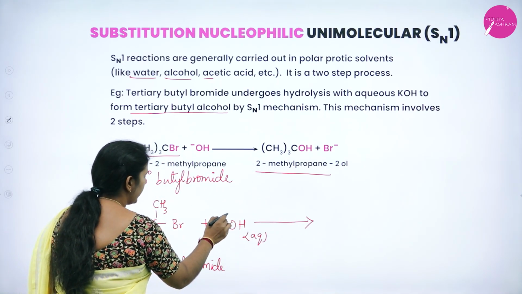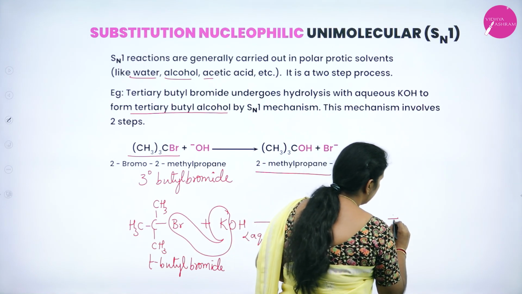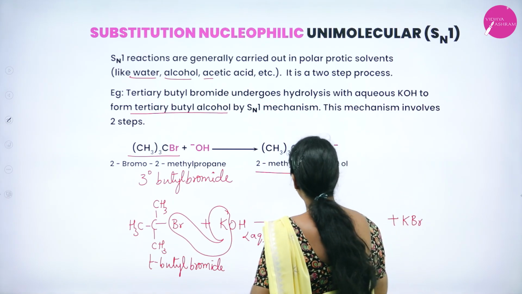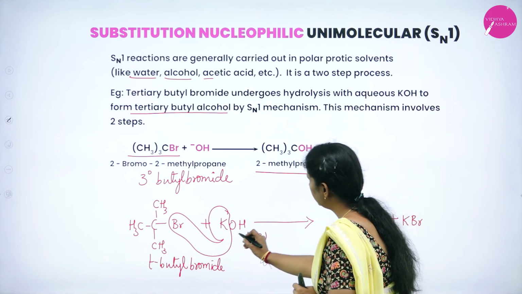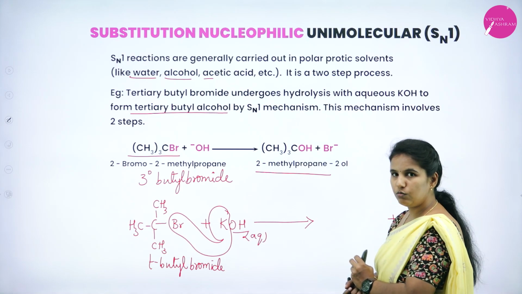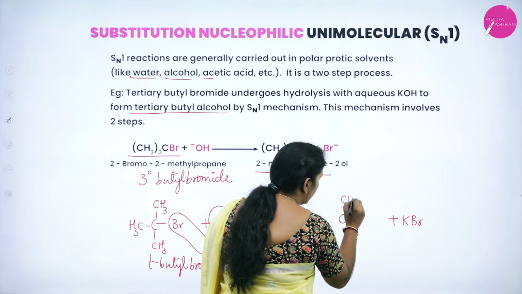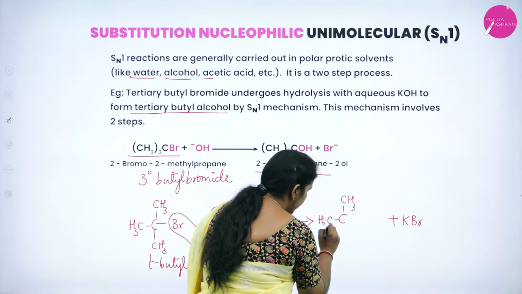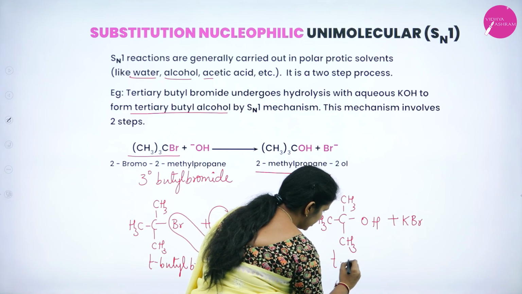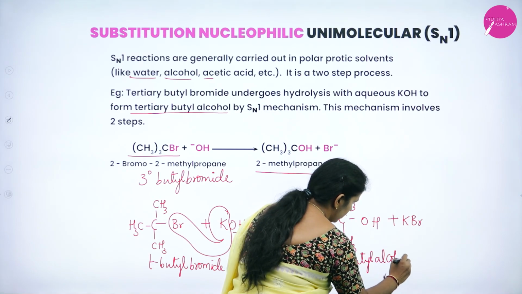You can see that the potassium combines with Br to form KBr, and similarly the OH goes and attacks, because it is a nucleophile which is always attracted towards the positively charged center, to form tertiary butyl alcohol.